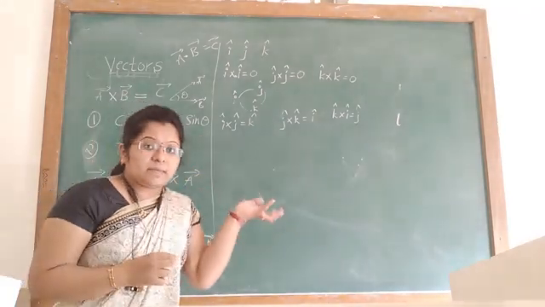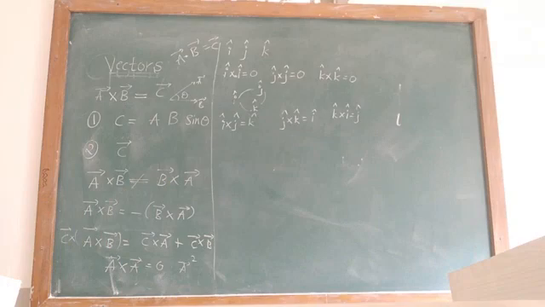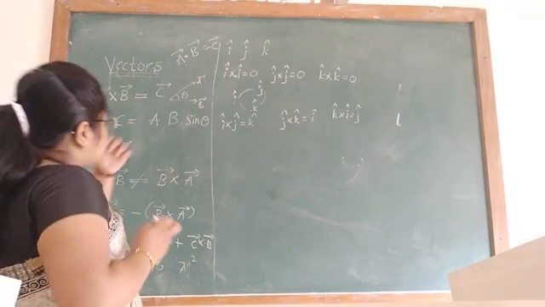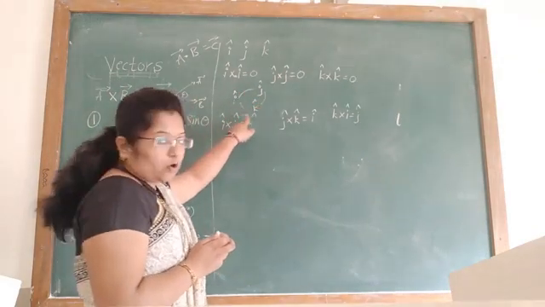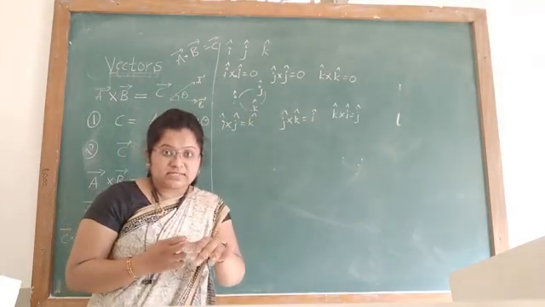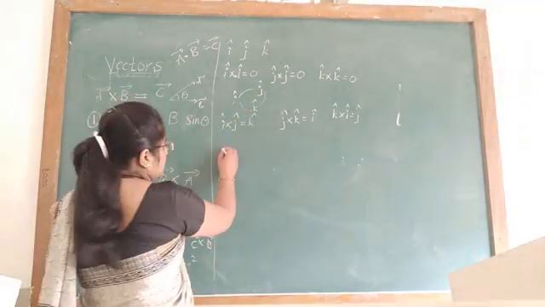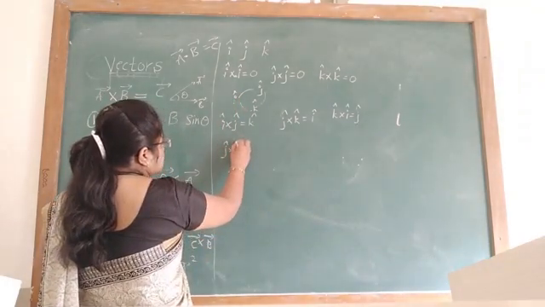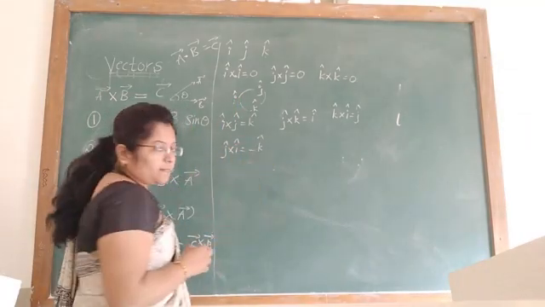Now if you consider the reverse, what happens? Instead of i cross j, you go in the anti-clockwise direction: j cross i is minus k cap.